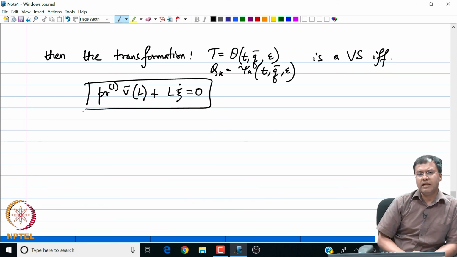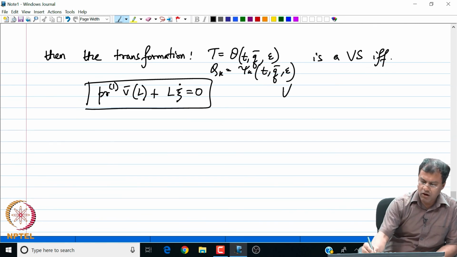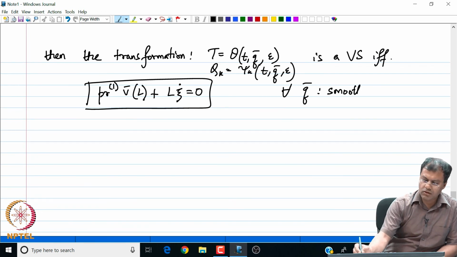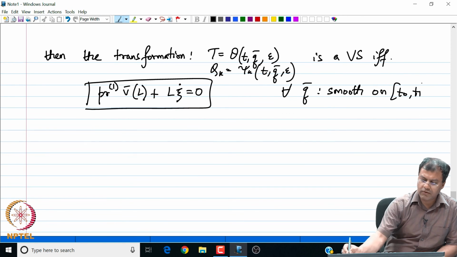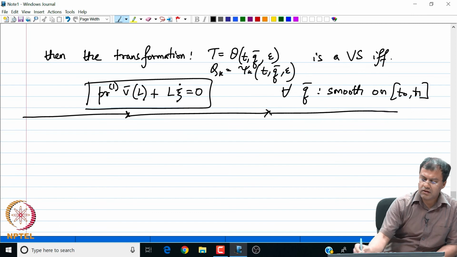This is the multivariable version of condition 1. This holds for all extremal q, a smooth function on the interval t0 to t1. So, let us look at an application of this result.